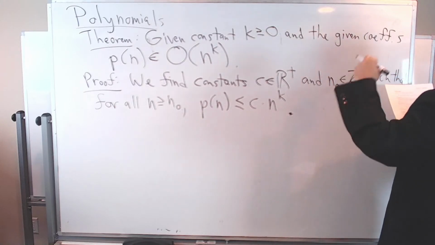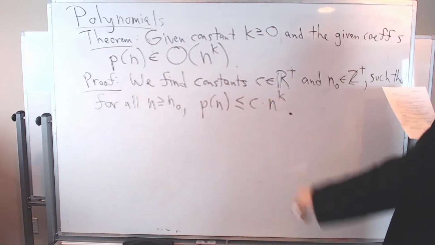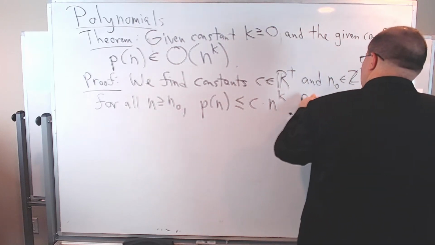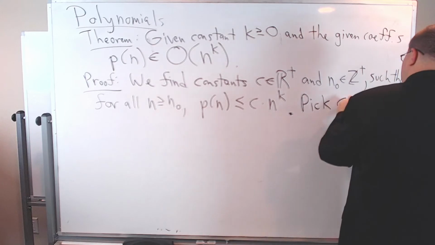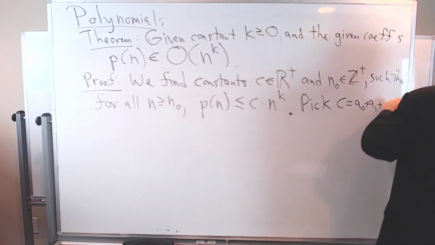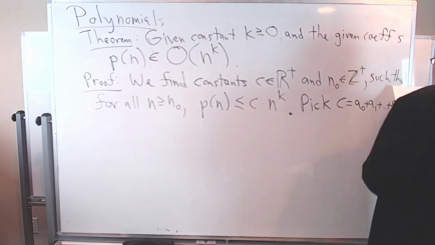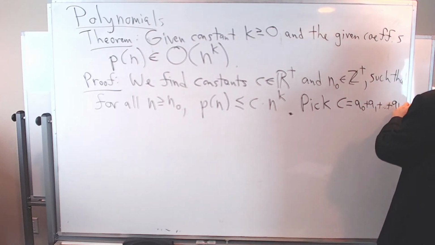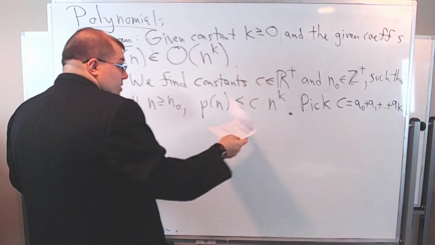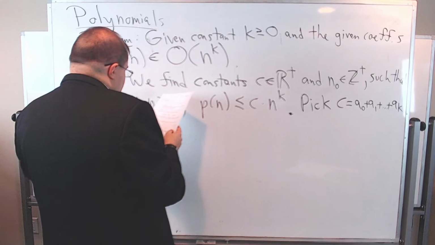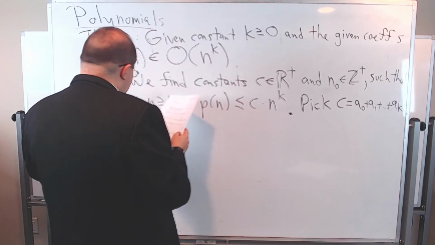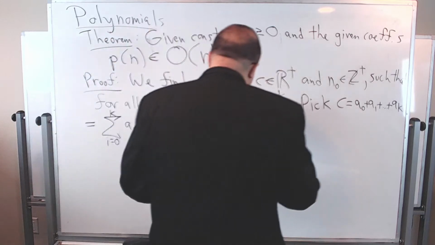We're going to use the exact same trick I just told you. You're going to pick C such that you add all the coefficients of the polynomial. So I'm going to take all those coefficients, I'm going to add them all together, which you can rewrite as a sum with lower limit 0 and upper limit k.